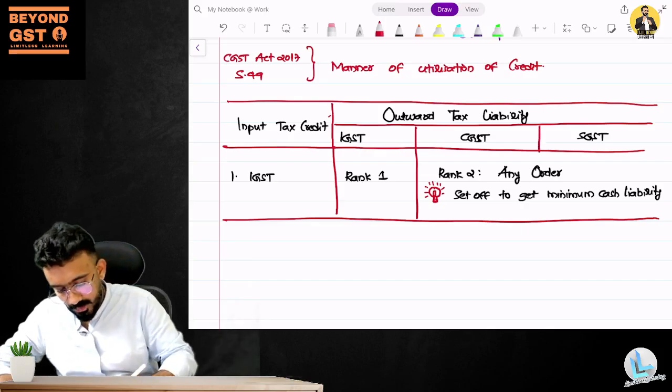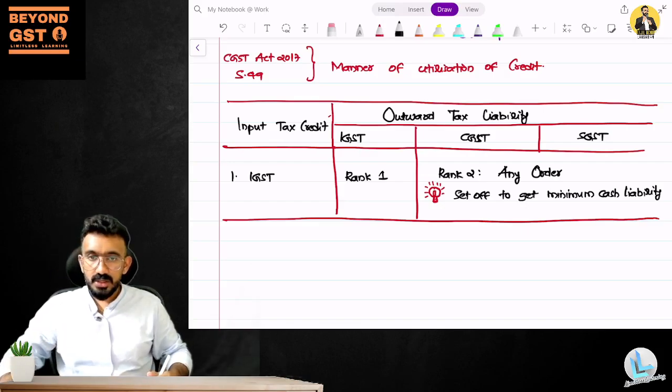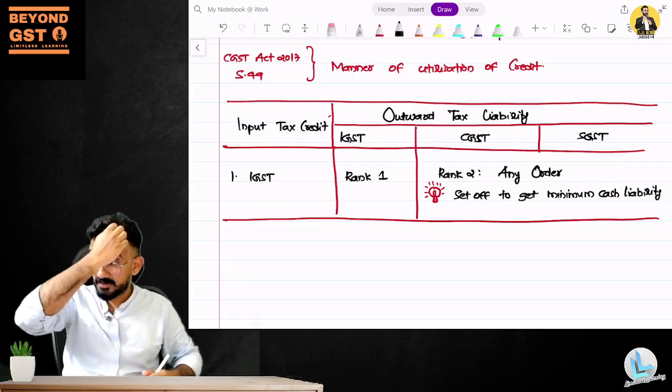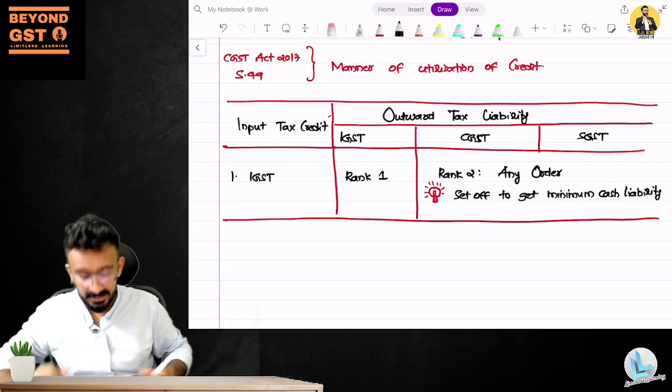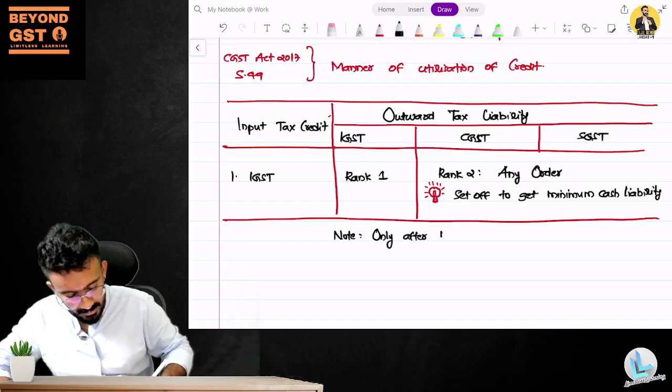Now, you can go to other credit. What is the second credit? CGST credit. You can go to CGST credit only after IGST is fully set off.